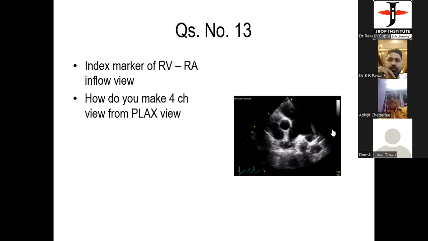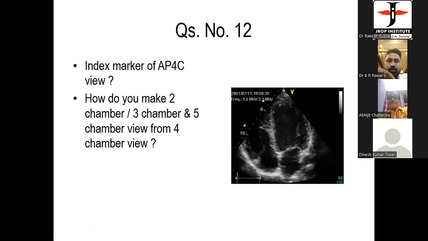Sir, can we go to the previous picture, please? See, now this is a 4-chamber view. And somebody comes and tells you that you have to measure the right atrial dimensions. So how do you do that?